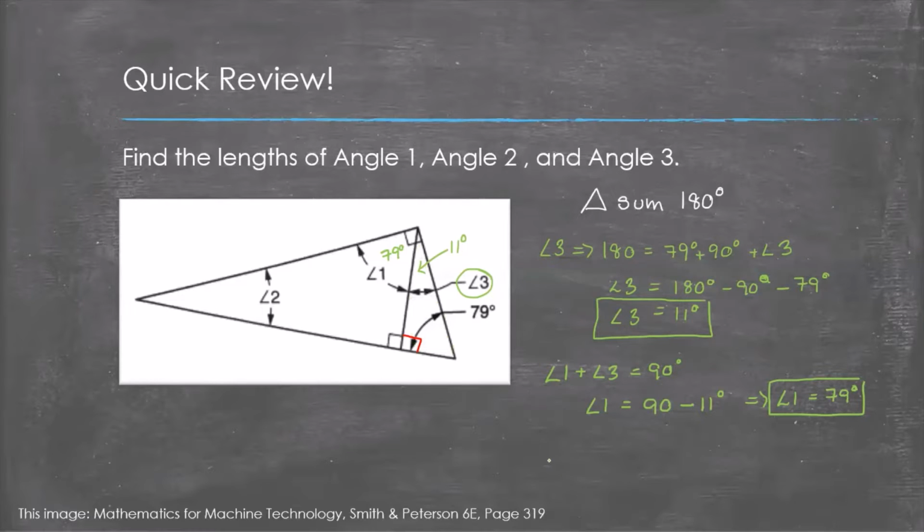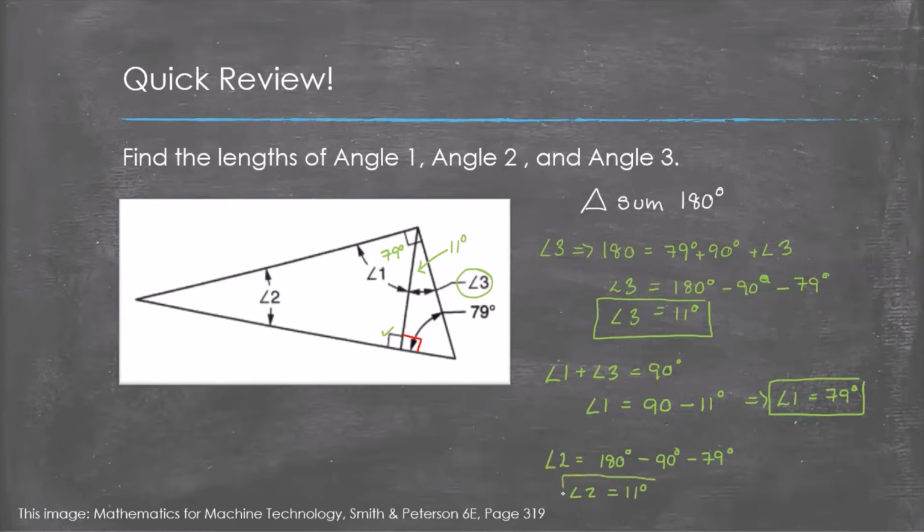The way I think of it, to get angle 2, it's equal to the total sum of the angles, so 180 minus the angles that I know. So I know there's a 90 in the corner, so I've used this one up. I know there's a 79 up at the top. So we find angle 2 equals 11 degrees.